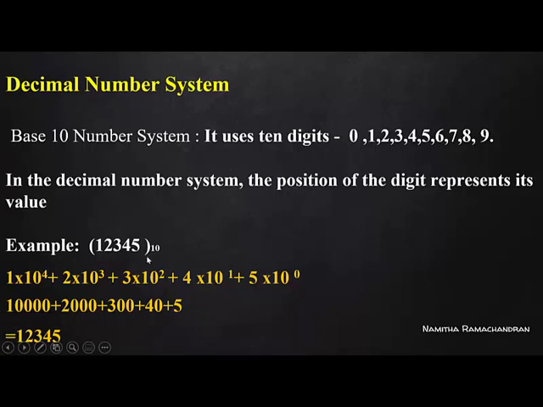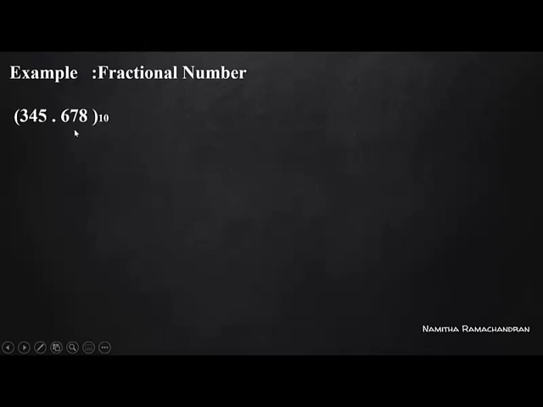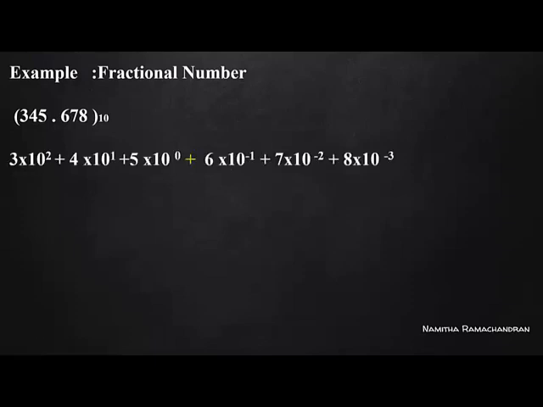Consider one more example, but here the given number contains a fractional part also. This is the whole part and this is the fractional part. In this case, how do we calculate its exact value? Follow this method. First concentrate on the whole part.